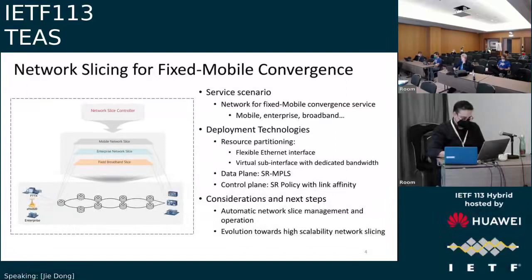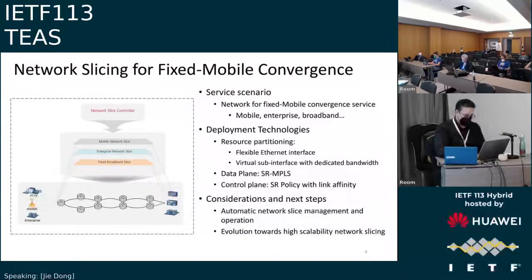This operator considers that automatic network slice management is an important feature to reduce the operational overhead and complexity introduced by network slicing. This is a very useful tool, and they want more improvement with this automation capability.